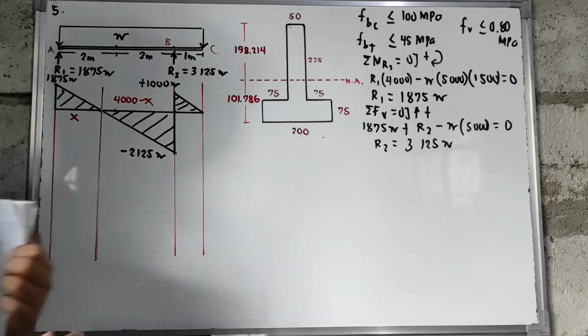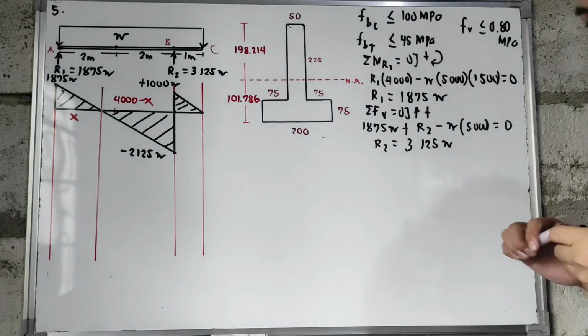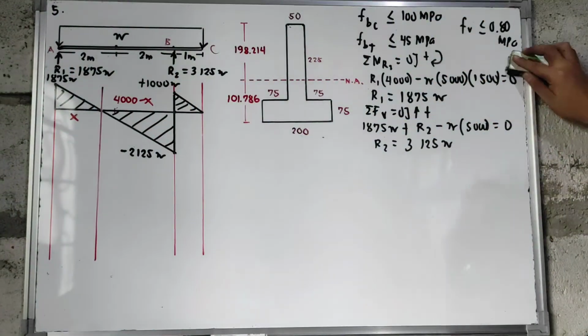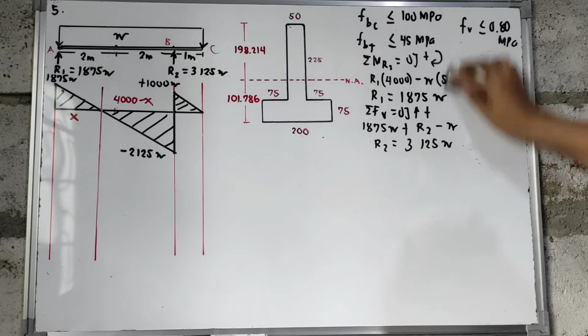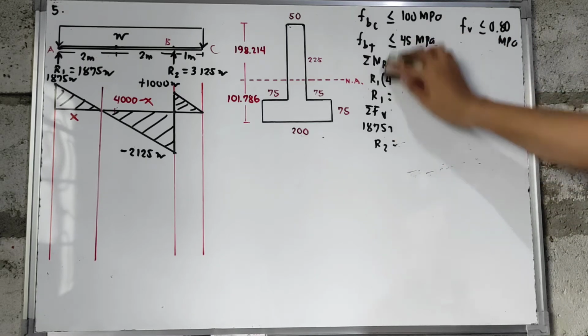So, by similar triangles, we can now calculate the value of x. For that, let's consider the small triangle and the big triangle.